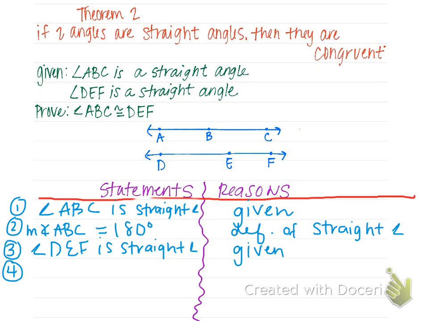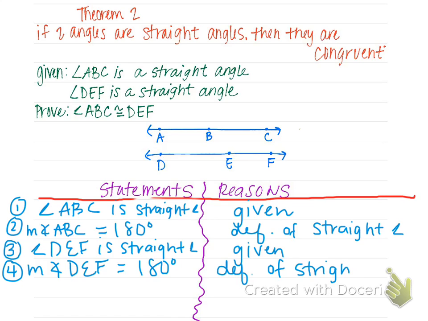Just like the measure of angle ABC, angle DEF also equals 180 degrees because it's a straight angle. And same as number 2, that is just the definition of a straight angle.